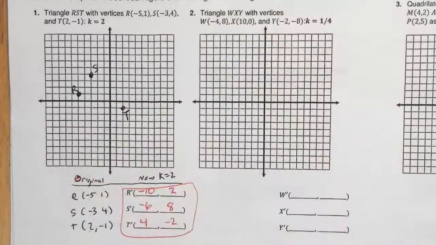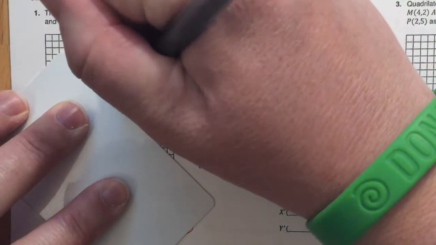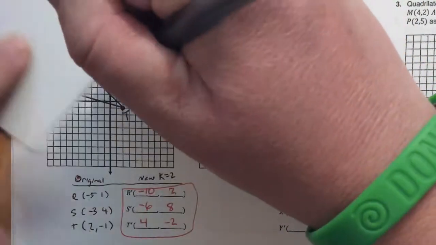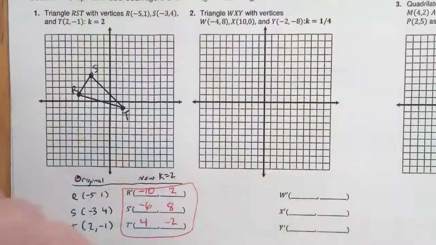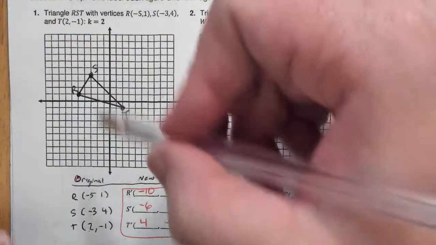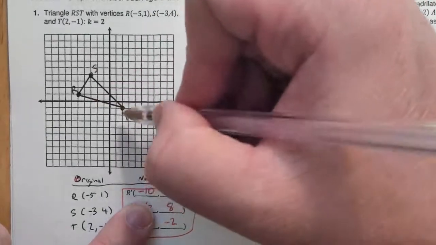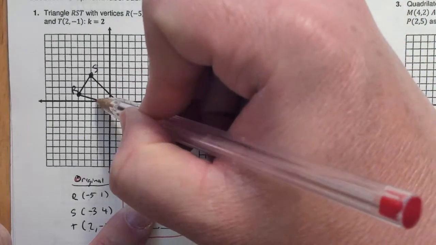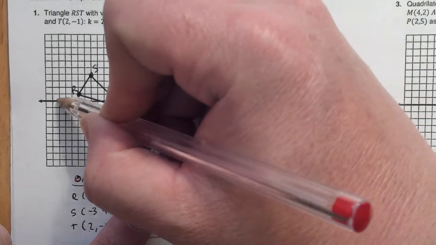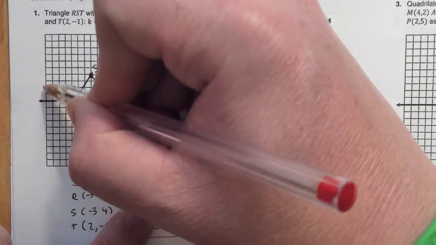So I'm going to take my straight edge and connect the dots. All right, so that was the original. Now, my new dots were (-10, 2).